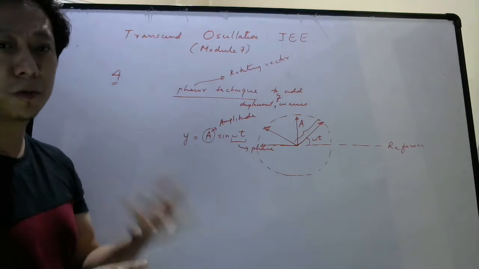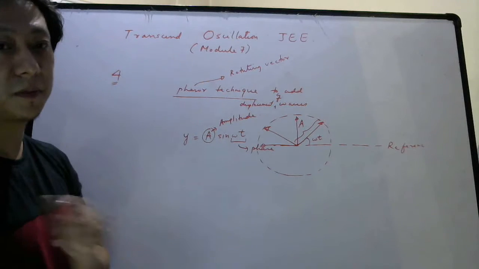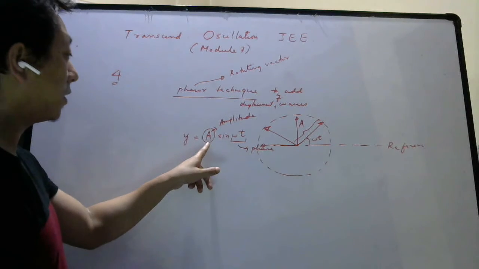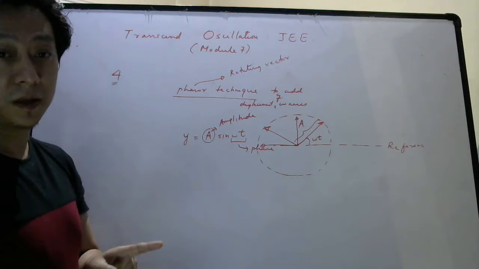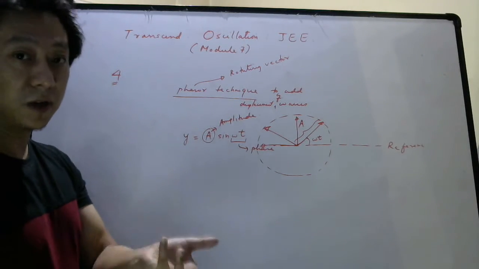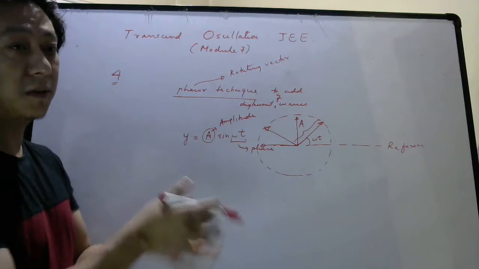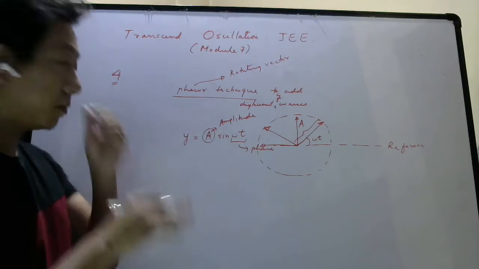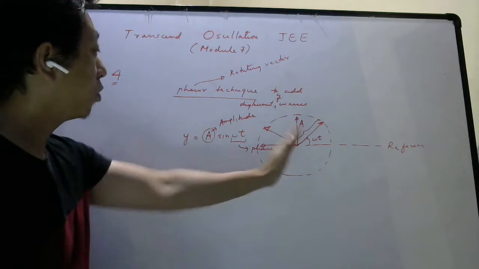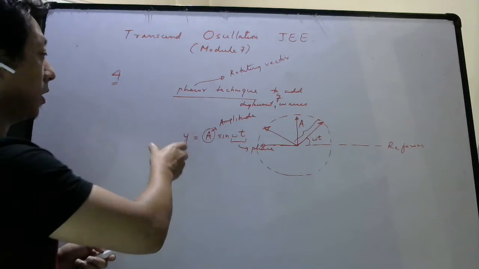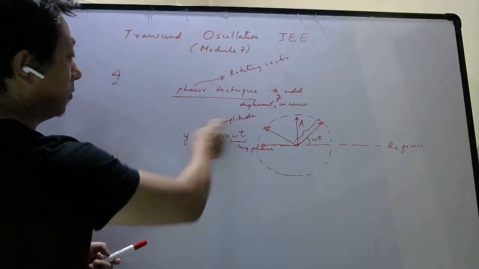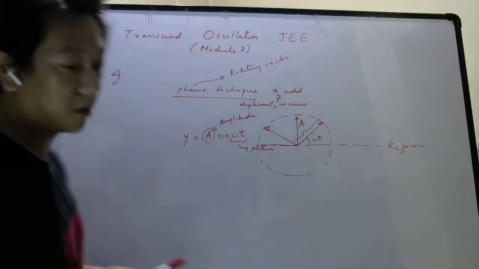You have to remember trigonometric identities like sine A plus sine B, and the amplitudes are different. Suppose one is A1 sine omega t, the other is A2 sine omega t. Then you cannot even take A common, so it won't be the sine A plus sine B formula either. On top of that, if I give you three trigonometric functions, it will be quite difficult to add this kind of periodic functions using trigonometry.